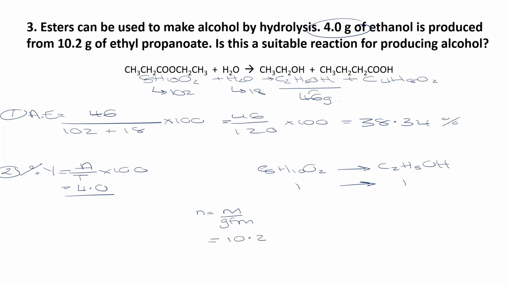We are told that we have 10.2 grams of ethyl propanoate from the question, and our gram formula mass we've already worked out to be 102, therefore we have 0.1 moles.